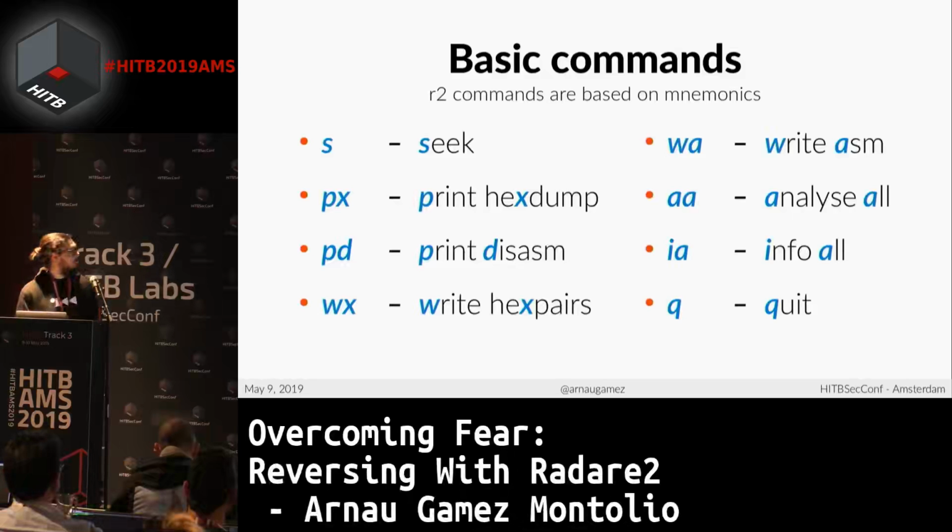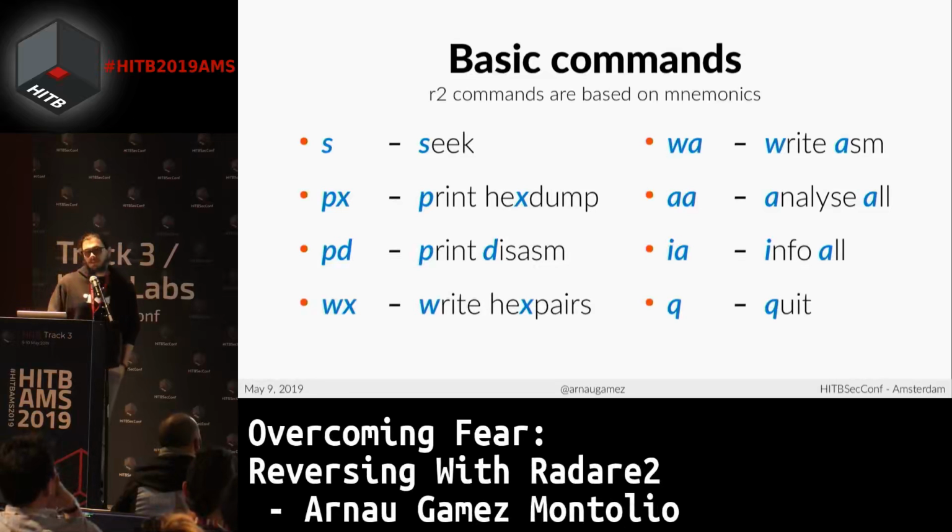So this is one of the important slides here. R2 commands are said to be difficult usually because they are not common. Their syntax is not the most common, lastly, but it's not that difficult. It's based on mnemonics. Mnemonics means R2 commands are really short, where each letter means one thing, and the leftmost letters are the commands.